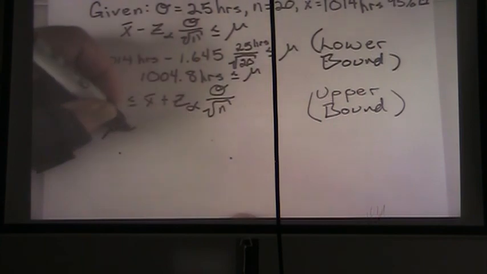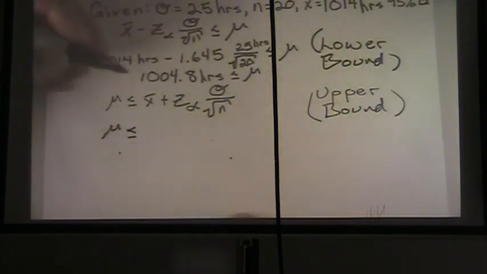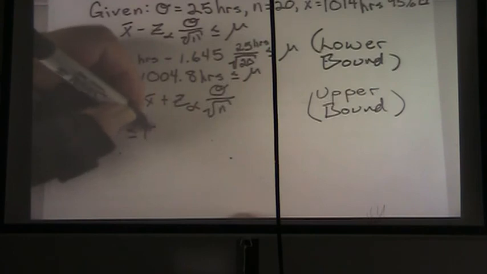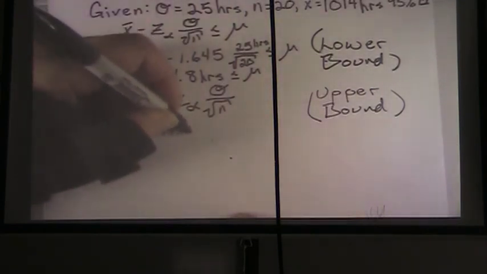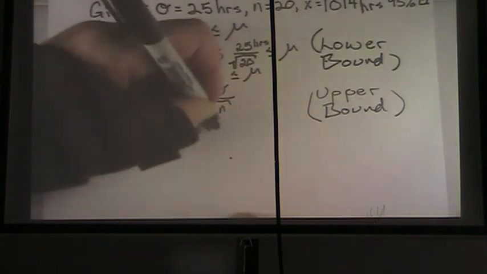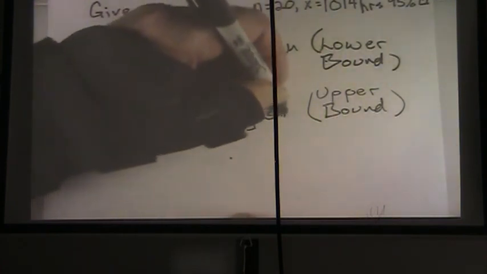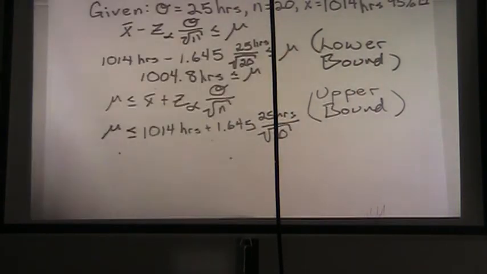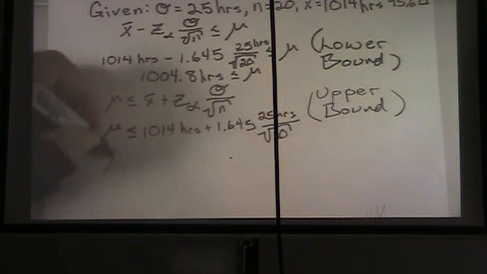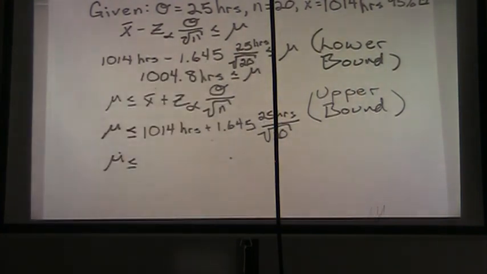Our mu is less than or equal then to 1,014 hours plus 1.645 times 25 hours for our standard deviation divided by the square root of 20. Okay, well, an exciting time.